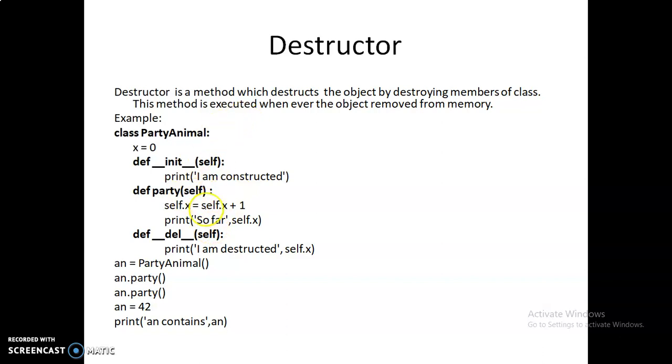The destructor method is specified with the del keyword, two underscore symbols, followed by another two underscore symbols, and it also has self as the parameter. We are printing the message I am destructed and some value. This is called whenever the object is destroyed from memory, and this calls the destructor of the object.